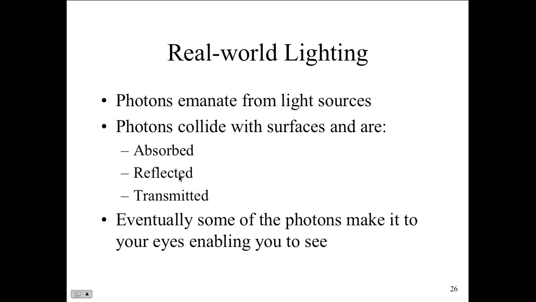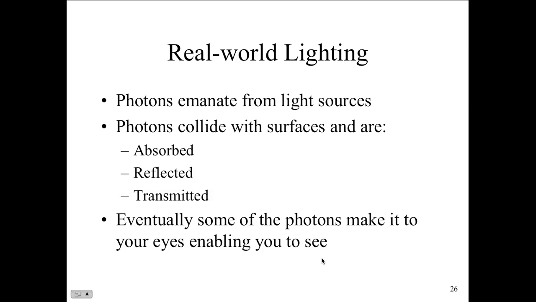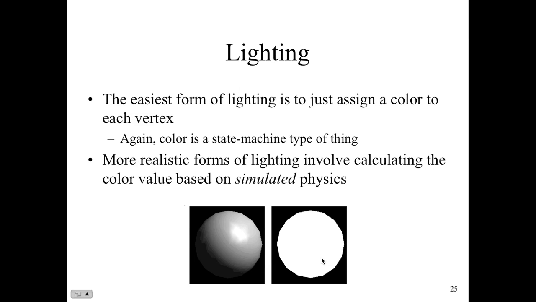And luckily for you, in VRML, when you add a light source, you're giving it a property. You're just saying absorb. When you throw light on something, it's going to be absorbed. There's no reflection. There's no transmitted. It's not sent to something else.